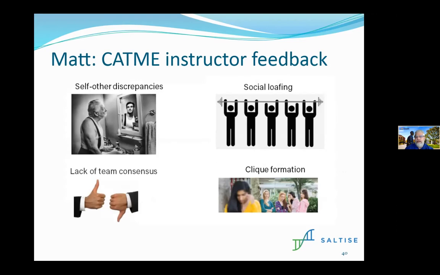Social loafing indicators, where multiple team members have indicated someone is contributing below expectations. The lack of consensus is telling. And then finally, we can identify formation of cliques, where two groups of students are sort of counter-rating each other as high performers or low performers. And so it allows us to tell when a team has split into two teams that are fighting with each other. And then next.